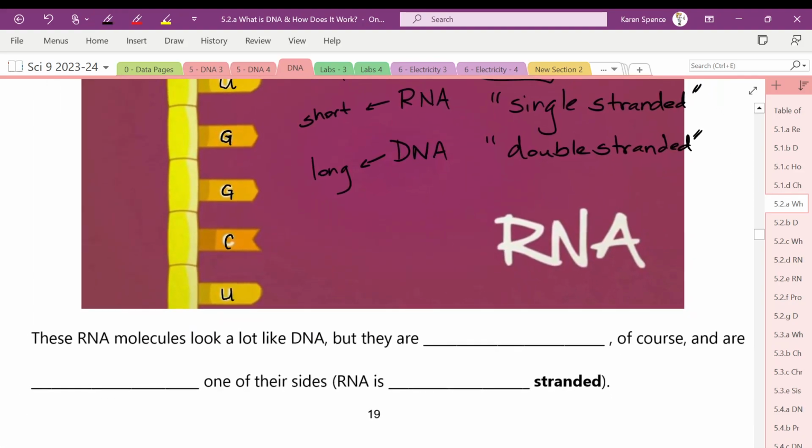So RNA looks a lot like DNA, but it is shorter, of course, and is missing one of the sides. And RNA is what kind of stranded?